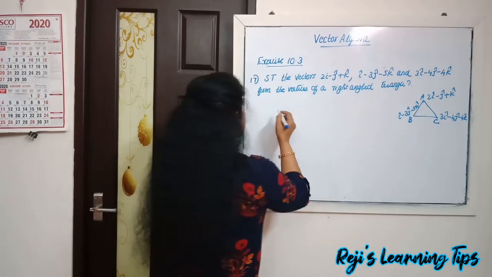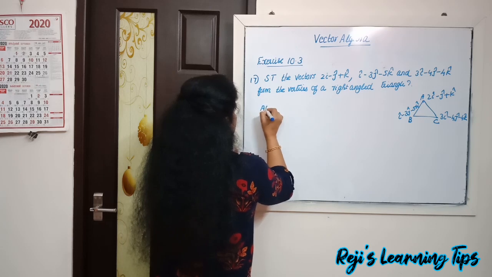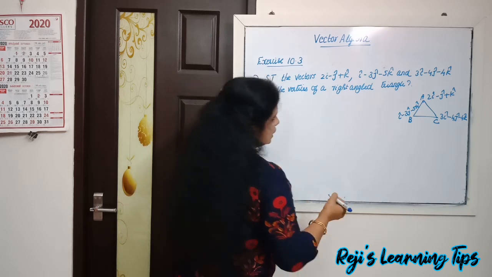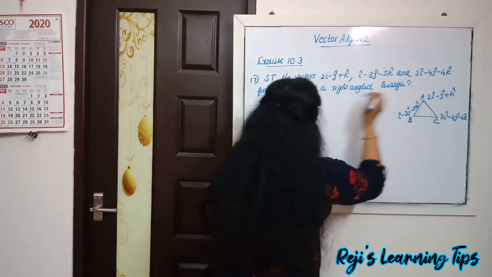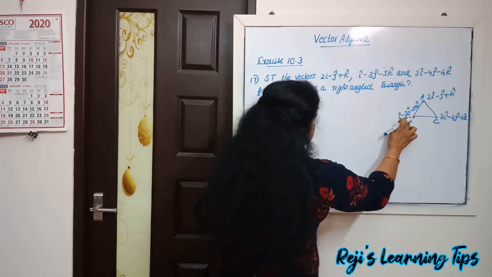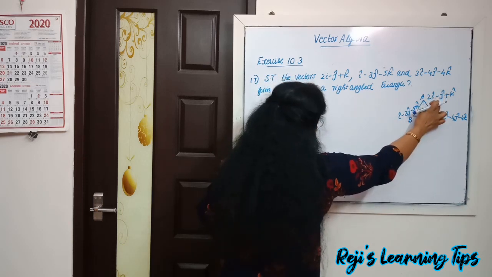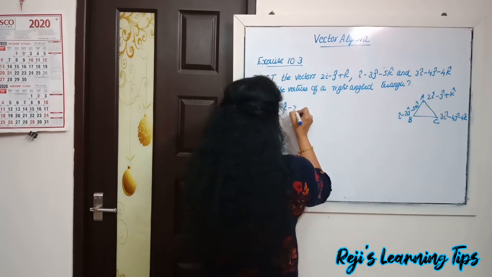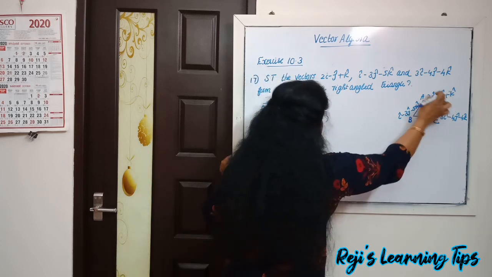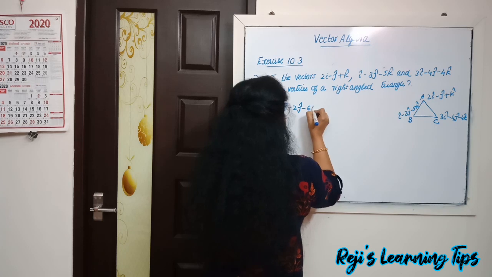Then first we should find vector AB. Vector AB is equal to 1 minus 2, that is minus i cap; minus 3j plus j, that is minus 2j; then minus 5k minus k, that is minus 6k.